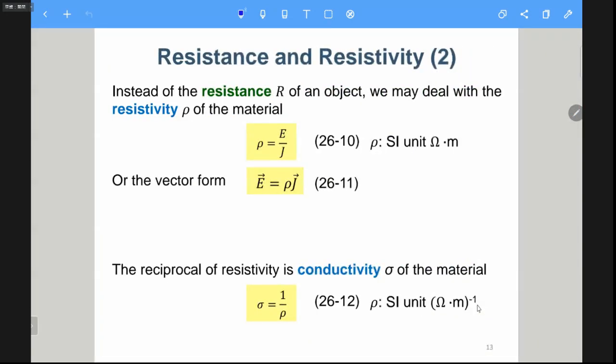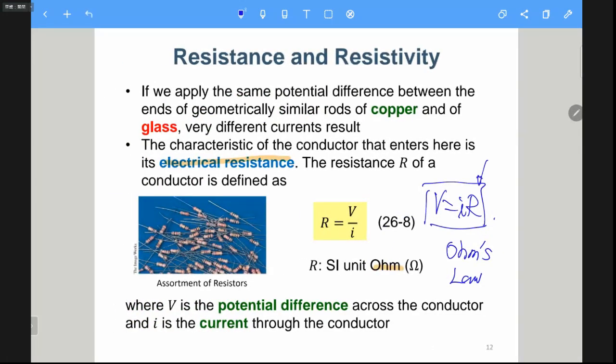Okay, so actually R relates to the material itself, and also to the geometry of that conductor. The cross-section area and the length will influence the resistance, and also the material.